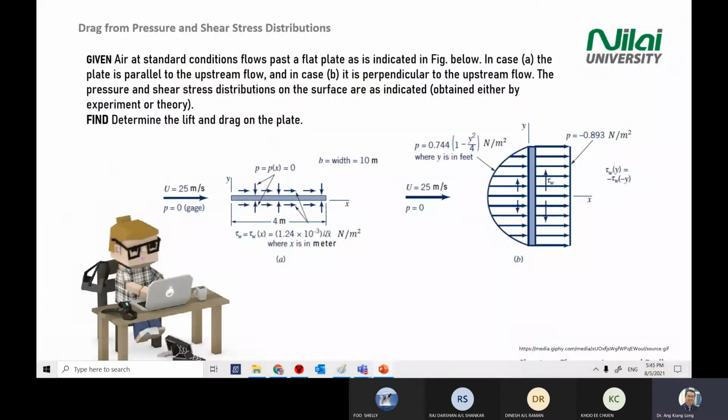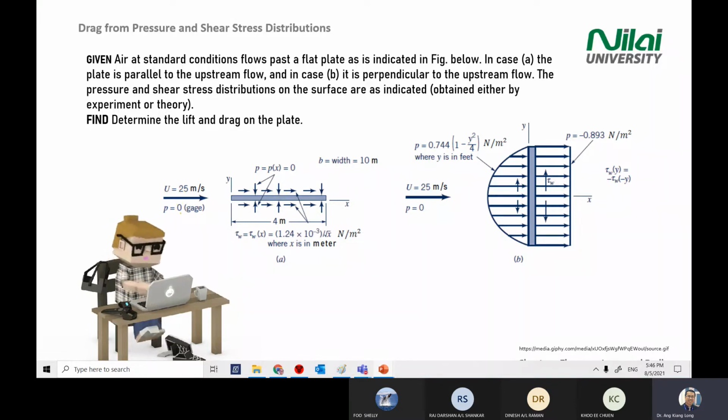Okay. Next, we look at one example, then we call it a day. Give me another 5 minutes, then we stop for the day. All right, now you are given an example. You look at the screen here, you have a plate. This plate is inside a velocity. The arrow of velocity is U and U equals 25.